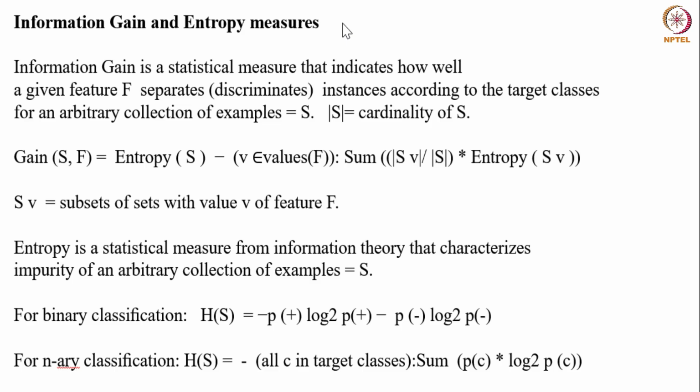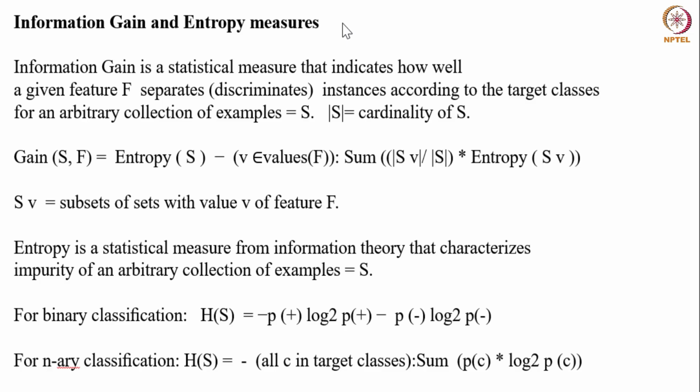So the measure of purity in this approach is called entropy, borrowed from information theory, and it is defined, for the binary classification case, where we have positive examples and negative examples, as the negation of the probability of a positive example times the binary logarithm of that probability, plus the probability of a negative example times the binary logarithm of that probability.